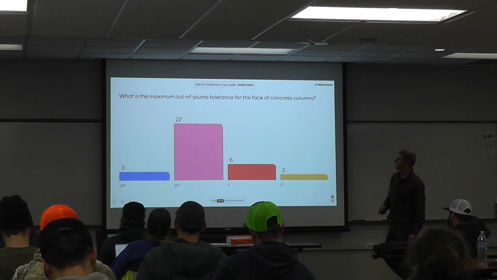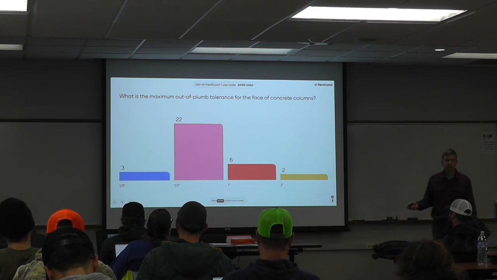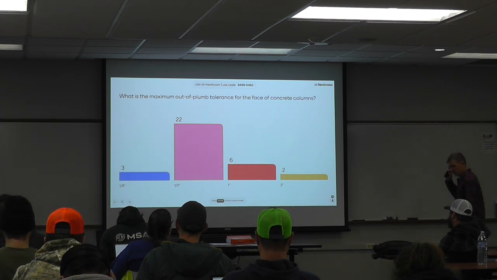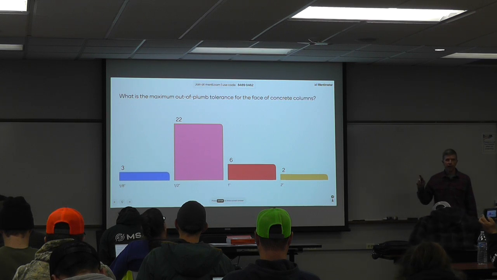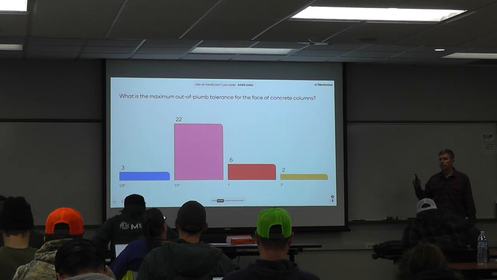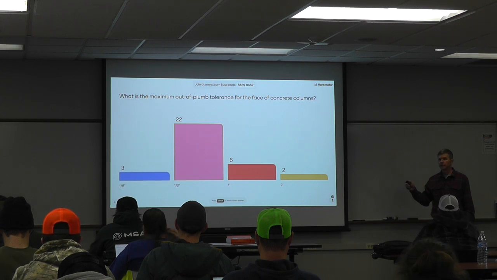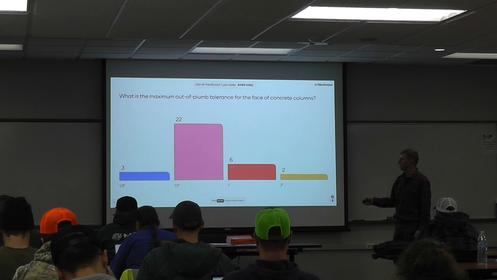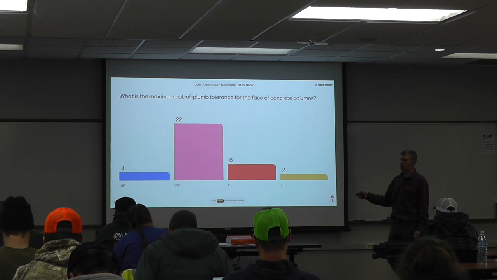What's the maximum out-of-plumb tolerance for the face of concrete columns? I put this in because we do have the bridge construction manual. Where in the bridge construction manual is the answer to this question? Forms and falsework. Okay, I looked at it. In 10 feet, you can get a 1/4 inch, and overall, you can get a 1/2 inch.